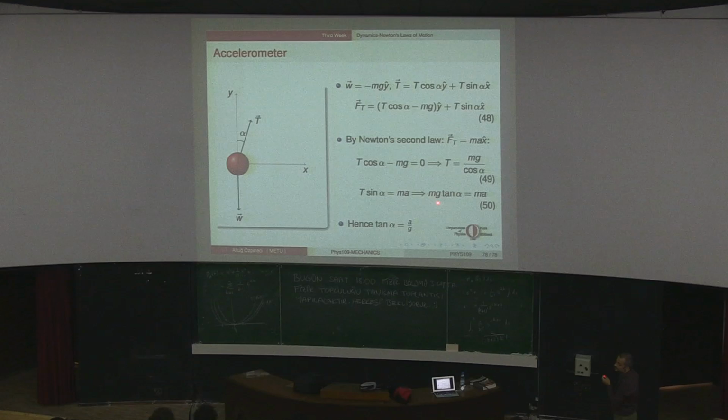So mass times the gravitational acceleration times tangent alpha is mass times a, or tangent alpha is just the acceleration divided by g. If inside your dolmuş you can measure this angle alpha using an angle measuring device, you can determine the acceleration of the dolmuş relative to the acceleration of gravity.